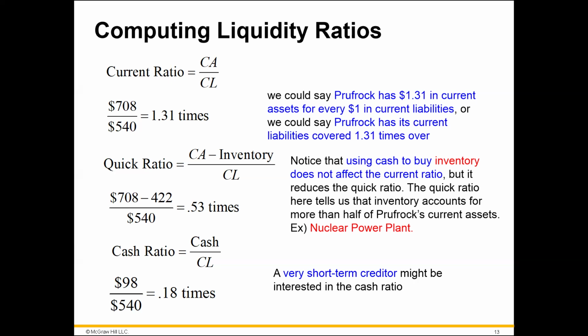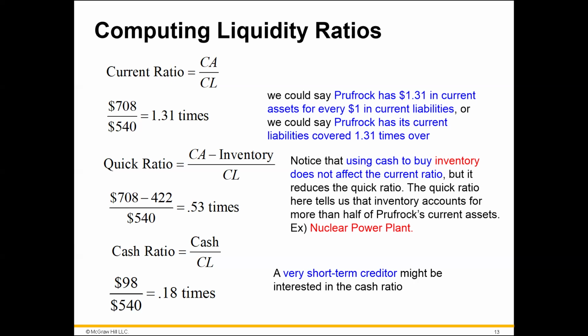This is very clear. But the current assets actually include inventory, and you probably know very well that inventory is the least liquid asset. So we need to subtract inventory from current assets to measure more accurately.